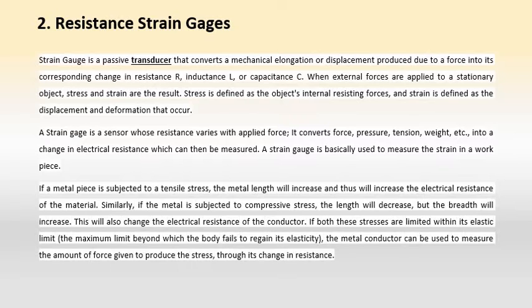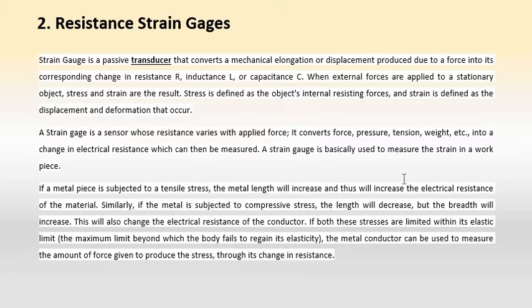Whenever an external force is applied to a stationary object, what will be the effect on that object? Some change will be caused to that object, right? It is classified as stress and strain.